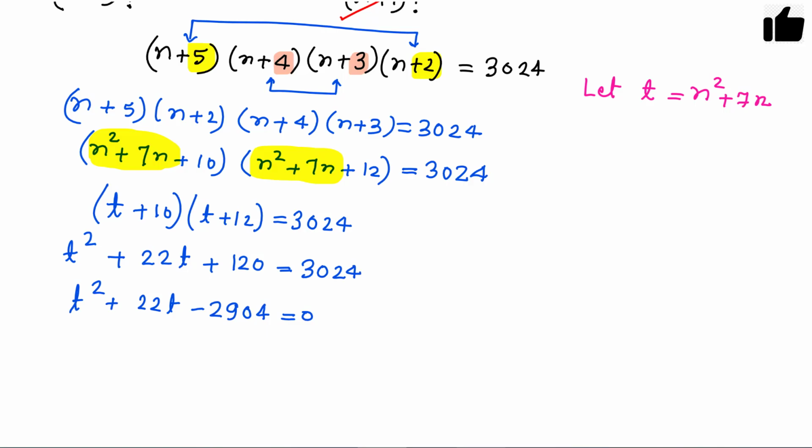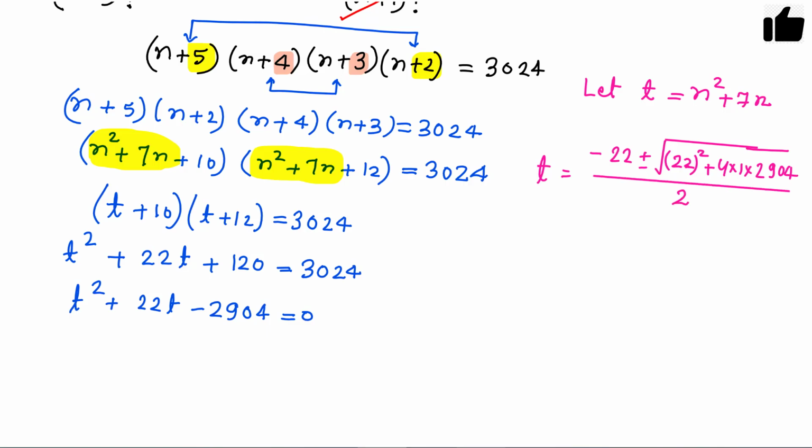Now this is a quadratic equation and you can solve for t. The roots are given by t equals -b, that is -22, plus or minus the square root of b squared, that is 22 squared, and minus minus becomes plus 4 times a times c, 2904, all divided by 2.